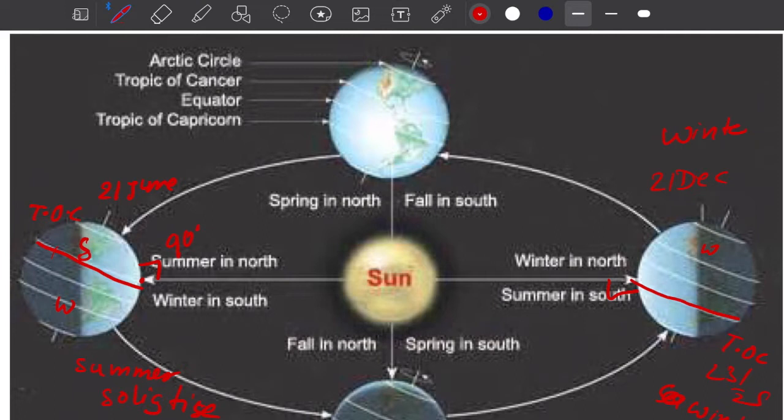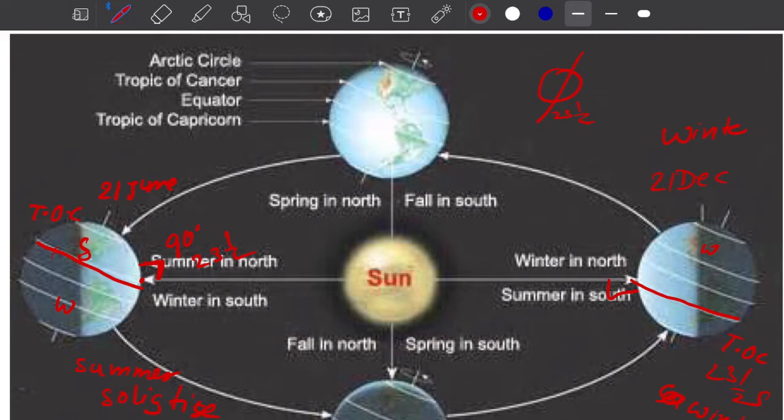Now you can ask a question: why is sunlight incident only at 23.5, why not 24, 25, 26? Why not some other latitude except the Tropic of Cancer? It is all because Earth is currently tilted at a 23.5 degree angle.